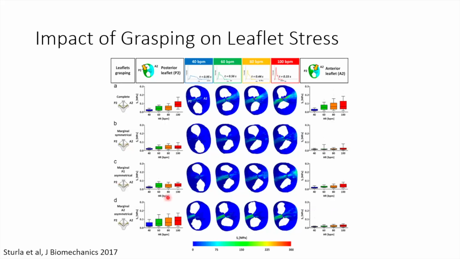But basically, at higher heart rates, you actually increase the amount of stress that you have on the leaflets, as can be seen by this green color in these color plots.